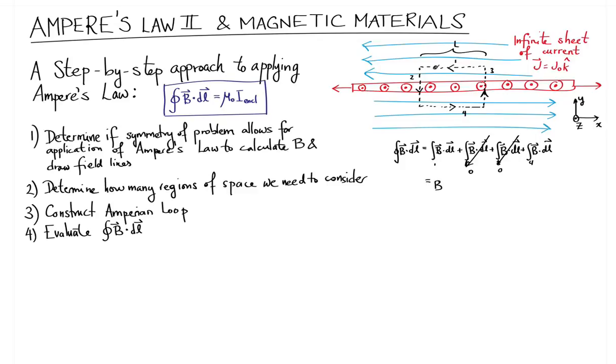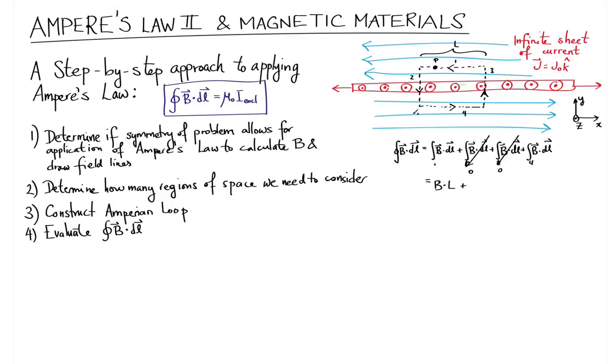Let's say we wanted to calculate the magnetic field at this point here. It would be whatever B is, and we're going to solve for that, times L. So that's from side 1. And then you can also see from side 4, let's say side 1 and side 4 are equidistant from the sheet.